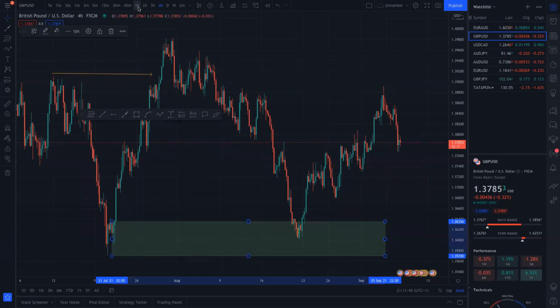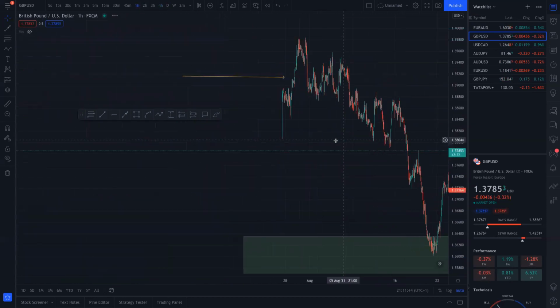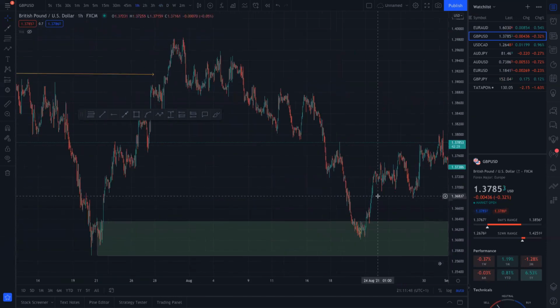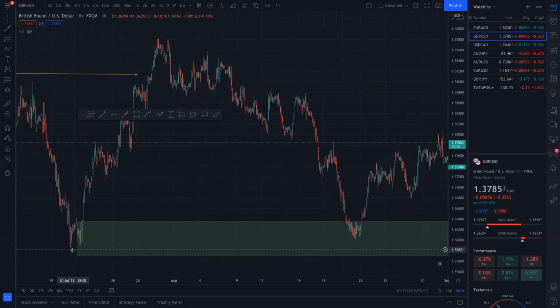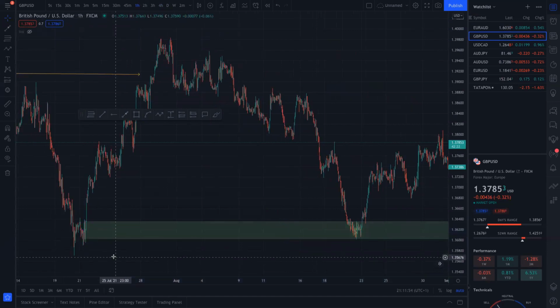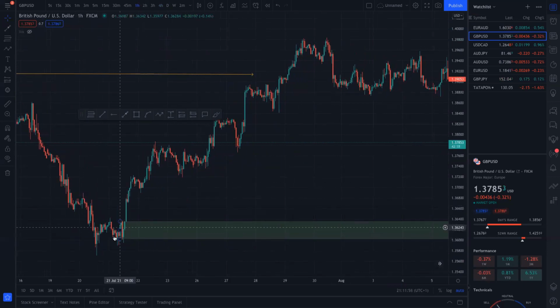You can go further down and refine there as well. Where is that? Oh yeah, here. So it's gonna look like this: the last sell candle, the red candle before this big move up.